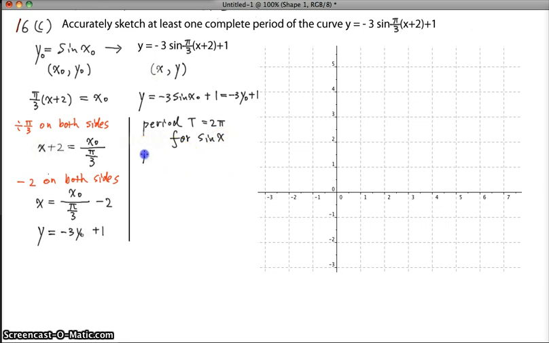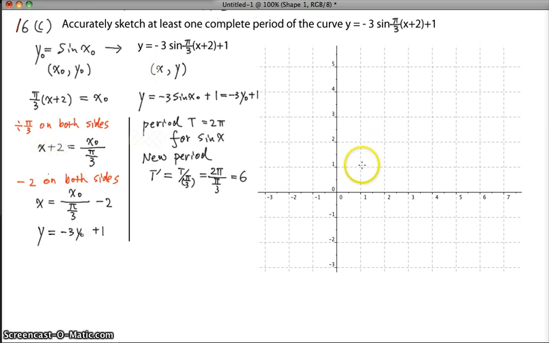And then the new period, because all the x is divided by pi over 3, you can see the new period T prime should be the original period T divided by pi over 3. Okay, so that's how we can calculate the new period for the new function. So 2 pi over pi over 3, you should get 6.